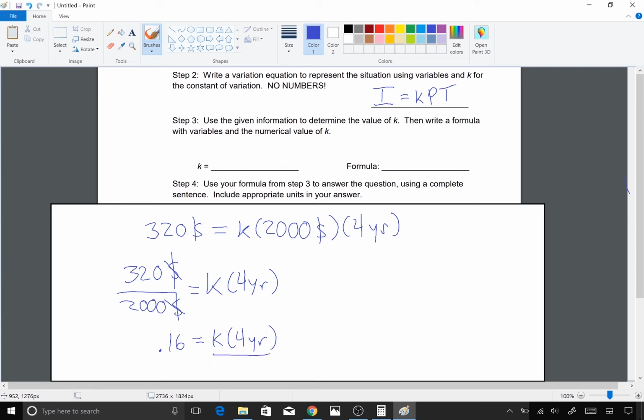So let's divide both sides by 4 years. And that will give me that K equals 0.16 divided by 4 is 0.04. And I have a year on the bottom, so it's like 0.04 divided by year, which is saying 0.04 per year. So that's the interest rate. You're earning 4% interest per year.